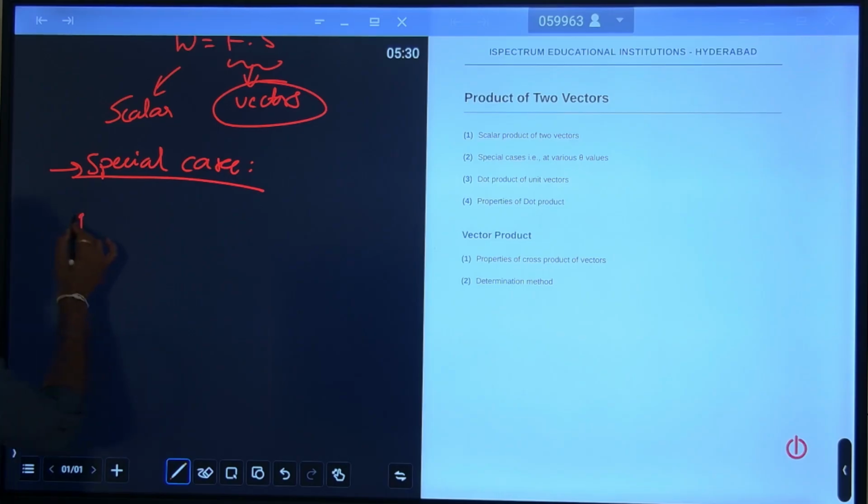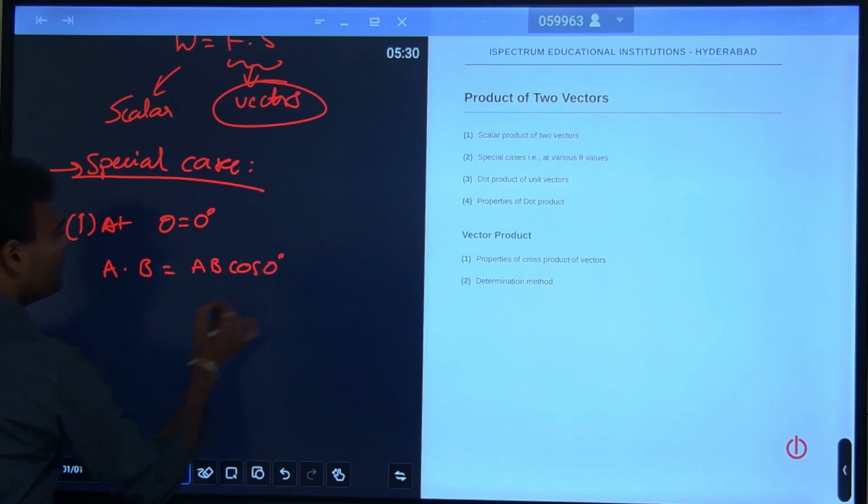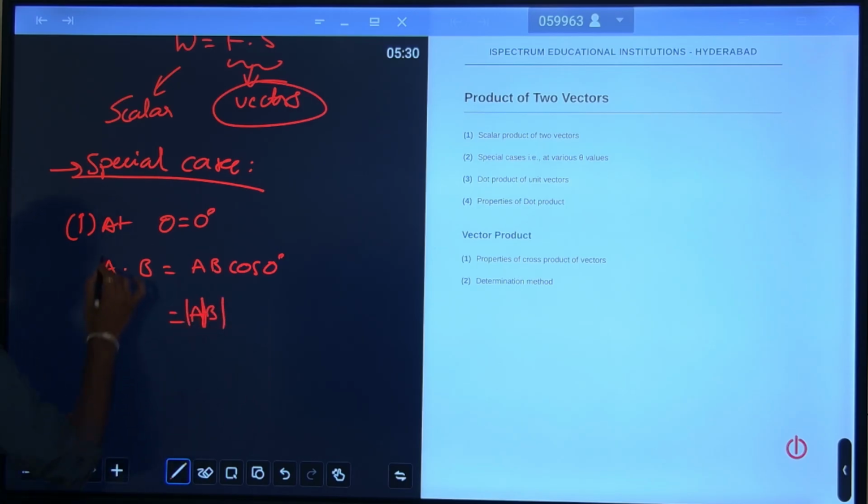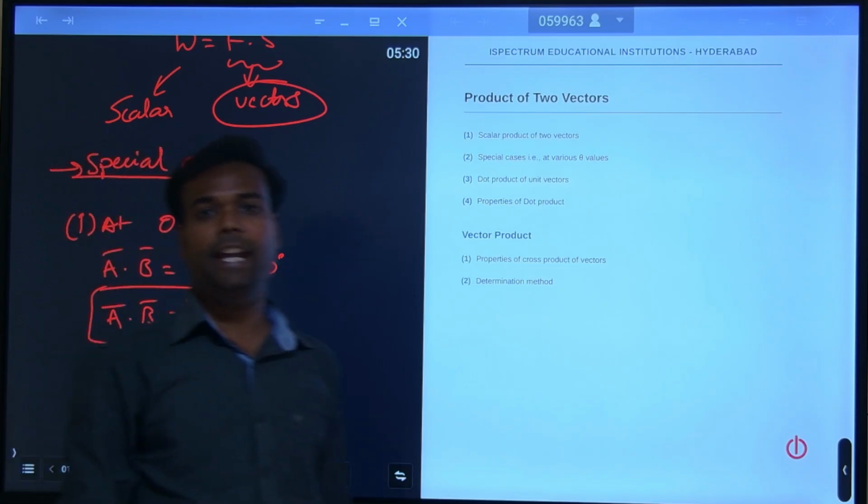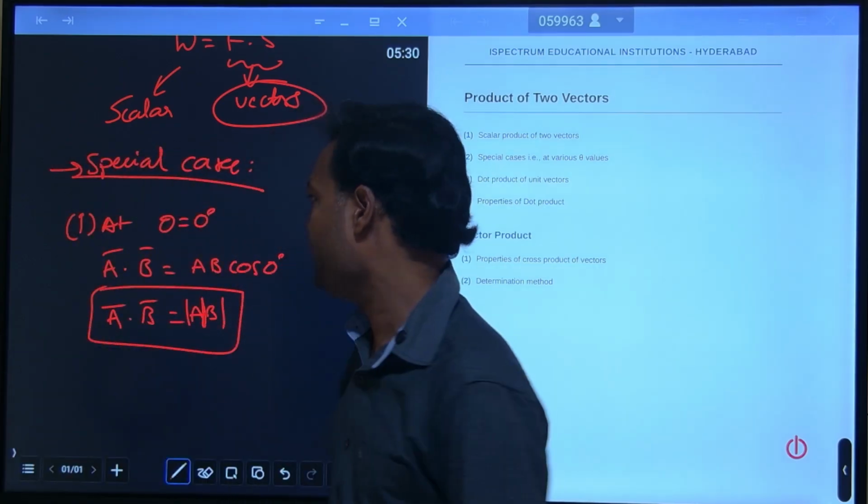Suppose number one, theta is equal to 0 degrees. a dot b is equal to ab cos 0, which is equal to ab, magnitude of a and magnitude of b. That is a dot b is equal to magnitude of a into magnitude of b.